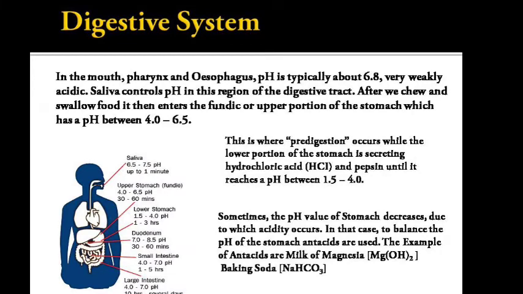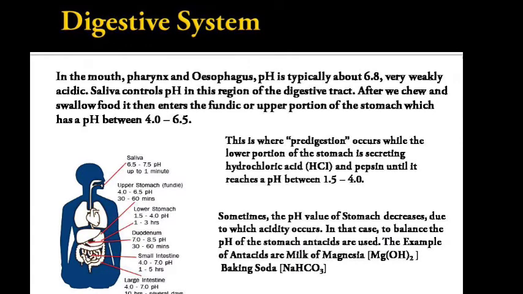Generally, hydrochloric acid is secreted in our stomach to help the digestion of food or to help the breakdown of food. But sometimes due to excessive release of hydrochloric acid, the stomach pH value decreases.